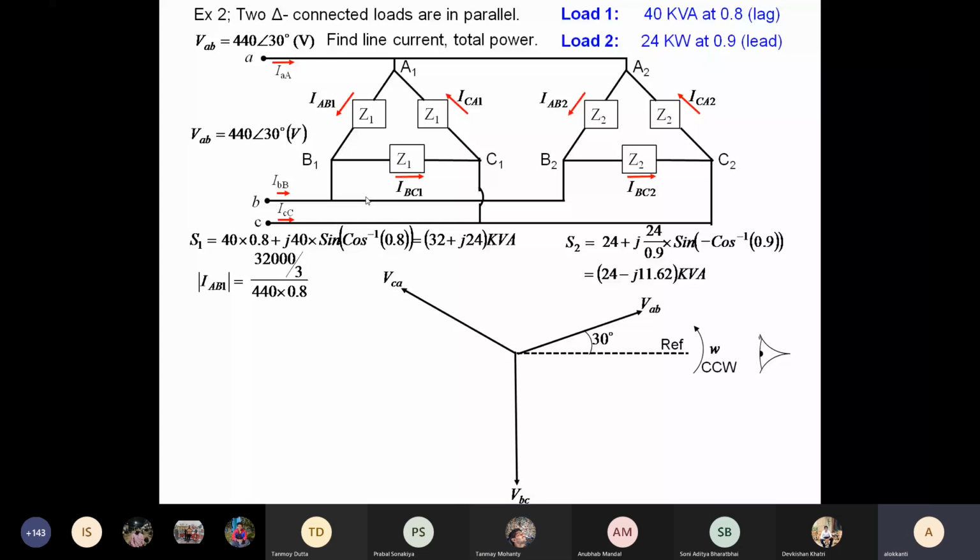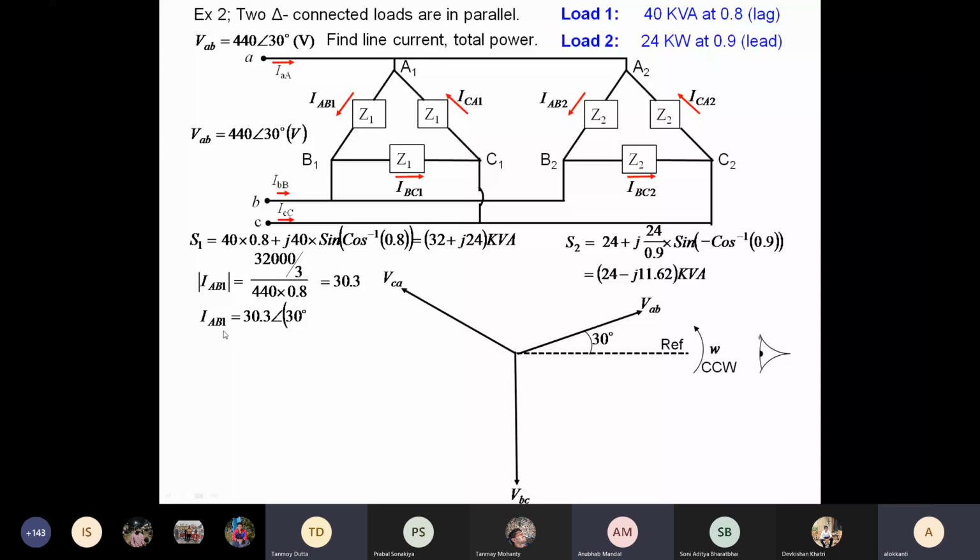So where will be the location of the IAB1 phasor? It is lagging, so it will be below the reference line. It lags the voltage.